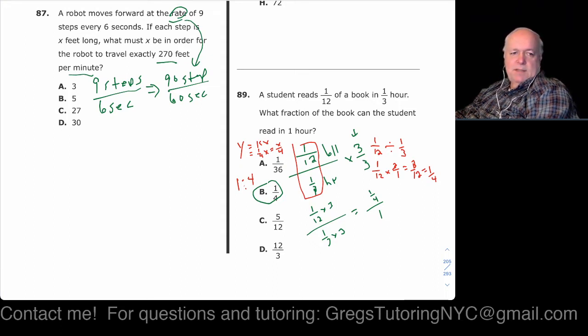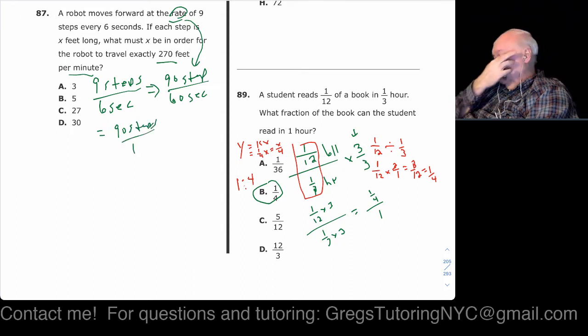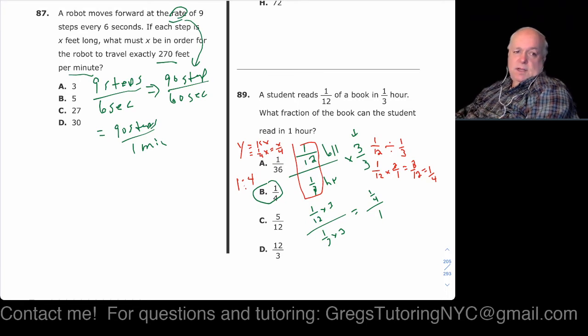And that means that's equal to 90 steps per each minute, okay? So it seems to me that if it's 90 steps for each minute and they're trying to look for 270 feet, right?